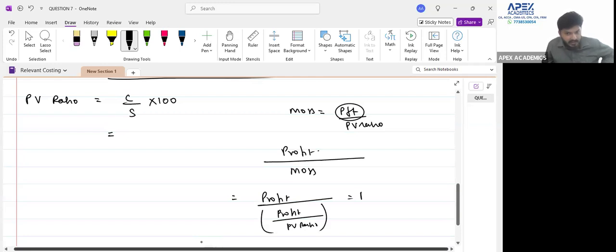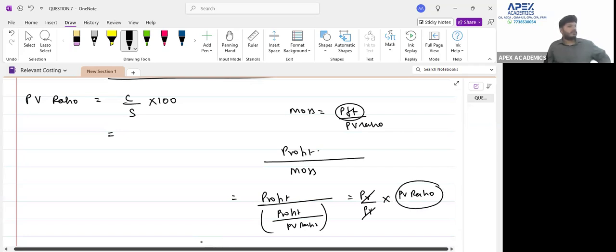Can this be written as profit upon profit? What is this? PV ratio. So PV ratio is equal to PV ratio.